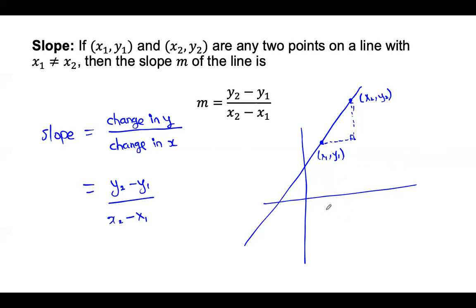So as you can see, the change in x is just going to be this point x2, your x2 point minus your x1 point. And then change in y is just the y2 minus the y1. Again, this m represents slope.